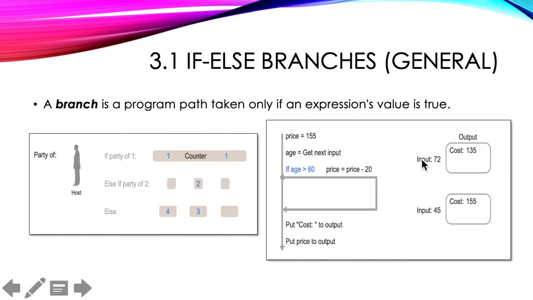If a person aged 72 tries to check into the hotel, he gets a discount of $20. So the program will run, and the cost output will be, in this case, 155 minus 20, which is 135. If the individual is less than 60 years old, you pay the fixed amount, 155.